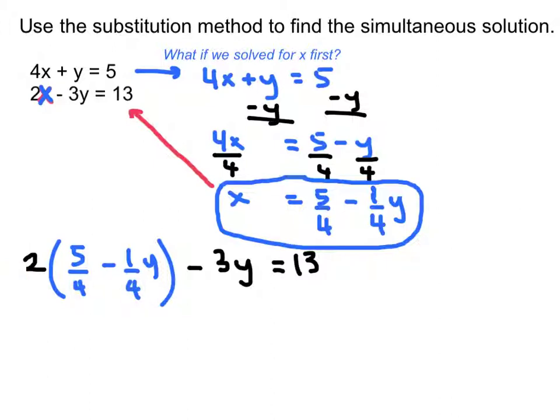So one of the things you might want to do is get rid of the parentheses first by using the distributive property. Could save us a little bit of extra writing. So 2 times 5/4, that's like saying 2 over 1 times 5 over 4. That's going to leave us with 10 over 4, or if we reduce, 5/2.